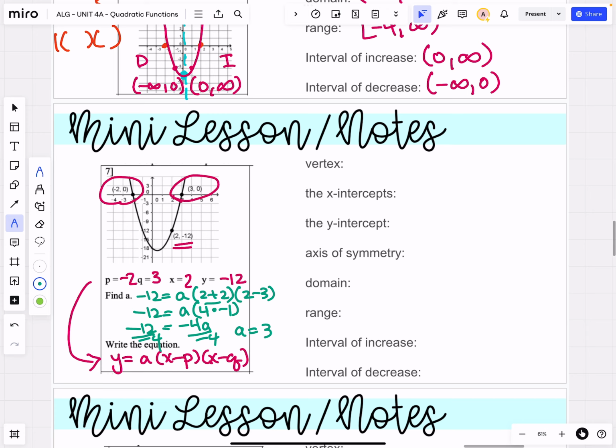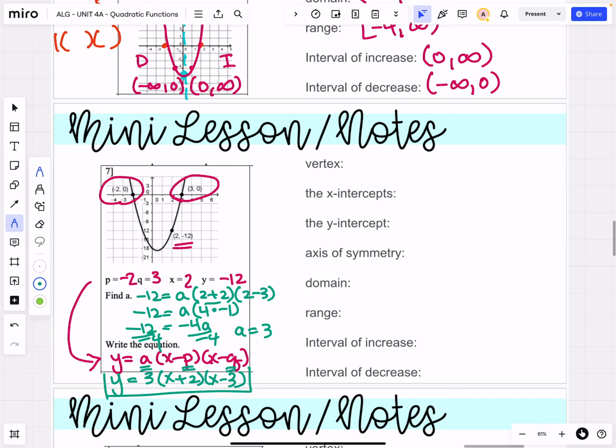So now we're going to go back and put in values for a, for p, and for q. So we'll end up with y is equal to a, which is 3, x plus 2, because it's minus negative 2, and x minus 3. And that will be my equation.